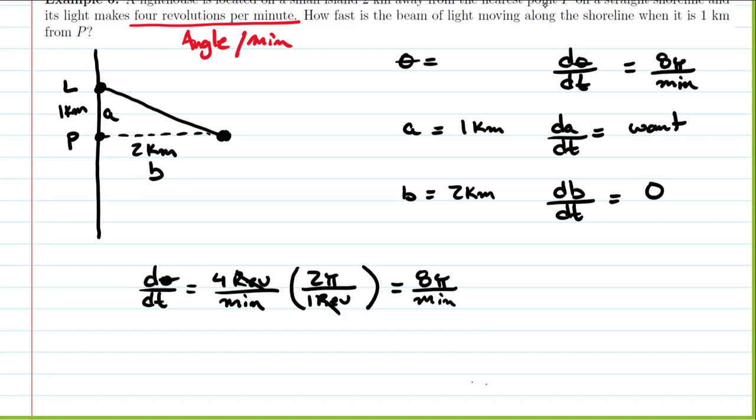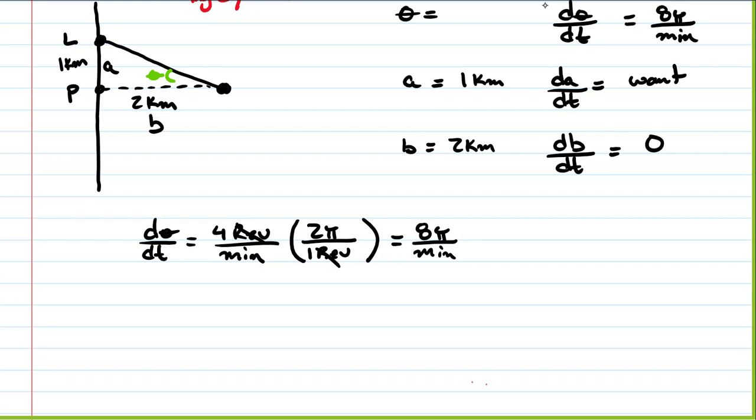So theta would be this angle right here. Well, what 2 sides of that triangle do we know? Opposite and adjacent. So the tangent of theta is going to equal opposite over adjacent, which is A over B, right?